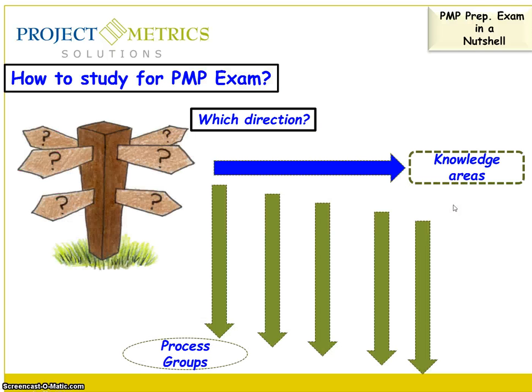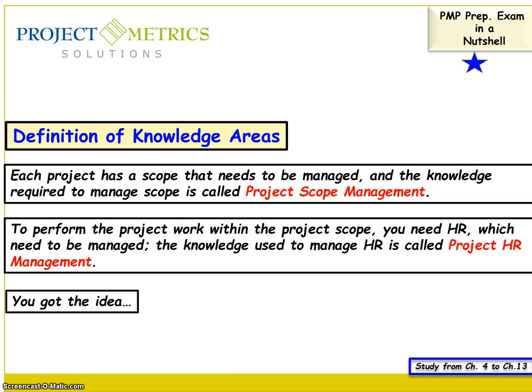Now, how to study for the PMP exam? Which direction should I take to prepare myself: by knowledge area or by process group? Before I go further, I just want to introduce you to the definition of knowledge area. Each project has a scope that needs to be managed, and the knowledge required to manage a scope is called project scope management.